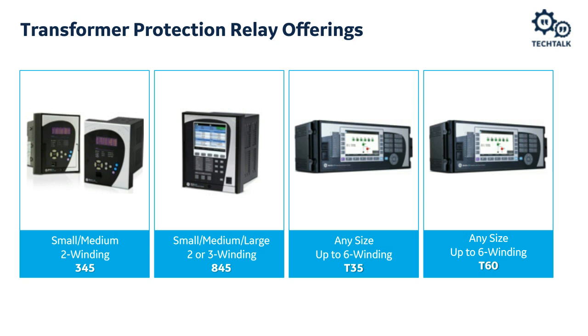The second relay here is the 845 relay, which we've mentioned a few times already. The 845 is part of our newer 8 series line, which is the next generation of the legacy SR line of relays, like the 745 that you might be familiar with. The 845 is a well-rounded relay that can be used on small, medium, or large transformers with either 2 or 3 windings, usually medium voltage.